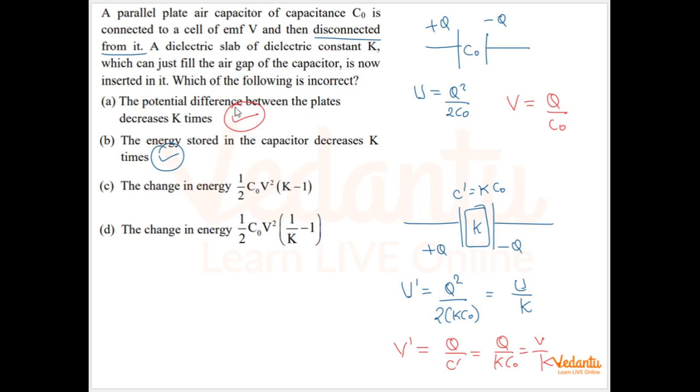If I ask you what is the change in the potential energy, what you will say is that the change in the potential energy will be equal to final potential energy minus the original potential energy. That will be Q square by 2 C naught into 1 by K minus 1. Now Q square by 2C can also be written as half CV square.